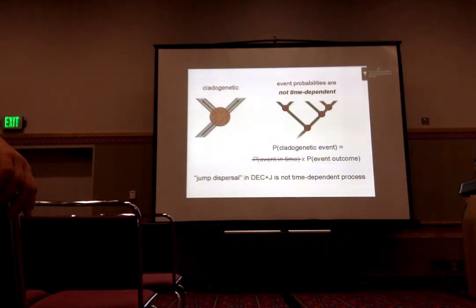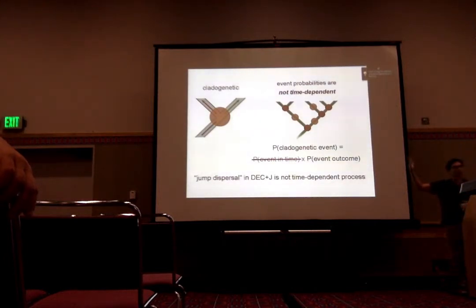We're not taking into account the probability of the event in time. So jump dispersal as a process is not modeled in DEC+J as a time-dependent process. That's basically the reason why we would say that it's not a good model for the process.